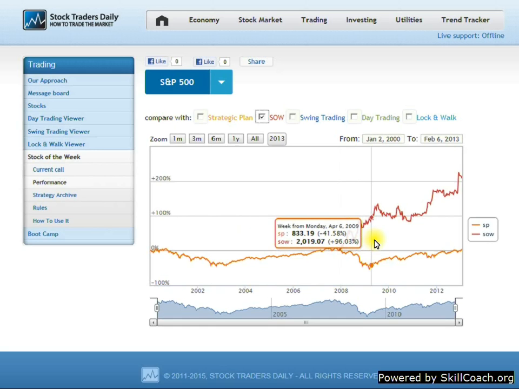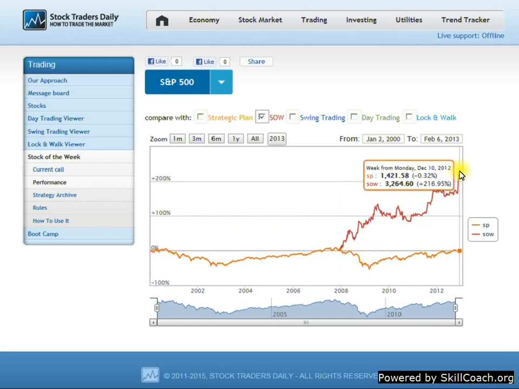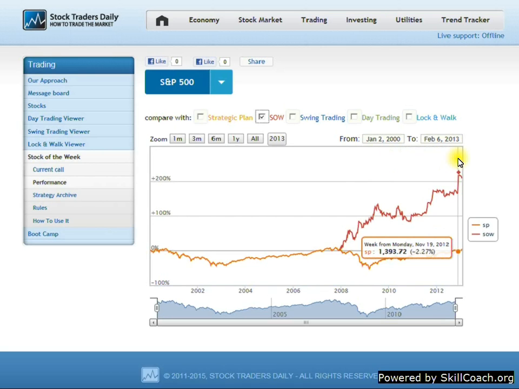Since then, the Stock of the Week strategy is up over 200%, and the S&P 500 is flat. This is a big deal. And it tells us that there is an alternative. There is a choice.